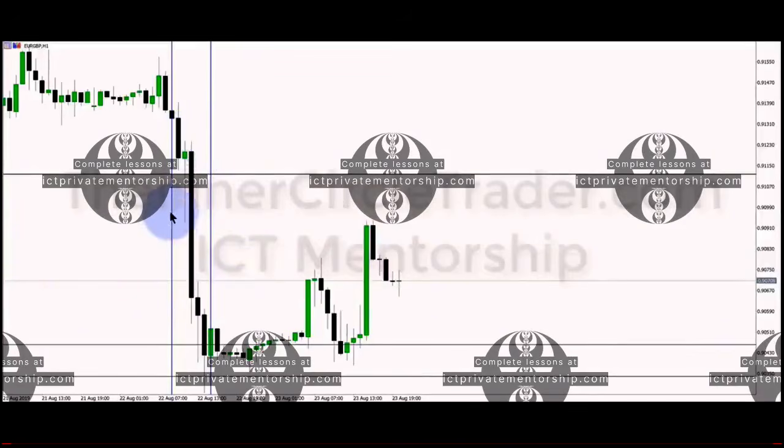Between this candle and this candle, let me show you what they are. That's this candle on the 22nd of August and this candle.